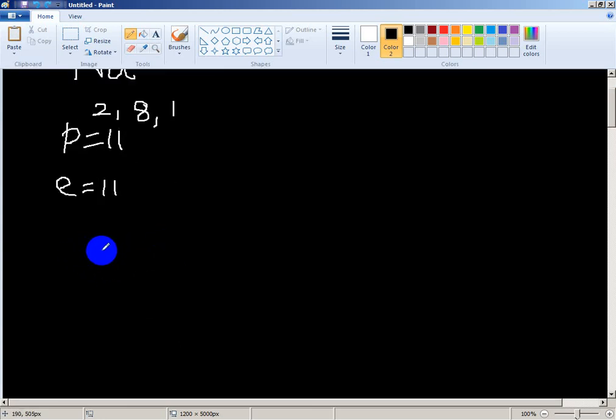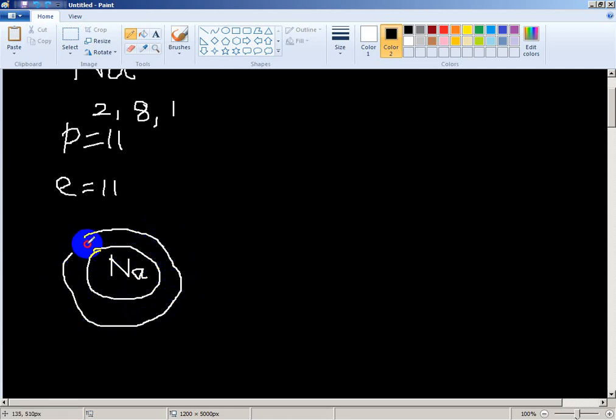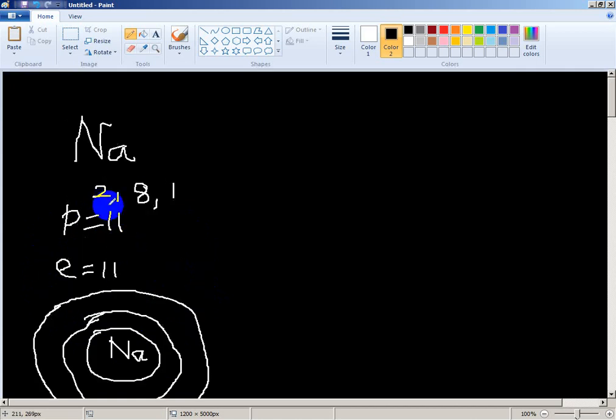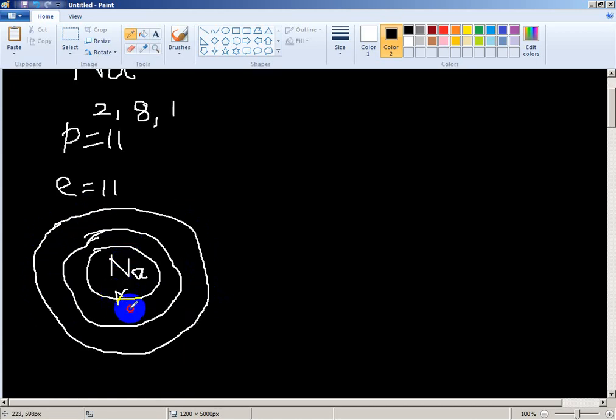This is sodium. This is the first shell, second shell, and this is the third shell. You draw this using a compass, but here it is not possible. The first shell has 2 electrons. This is the dot cross diagram.